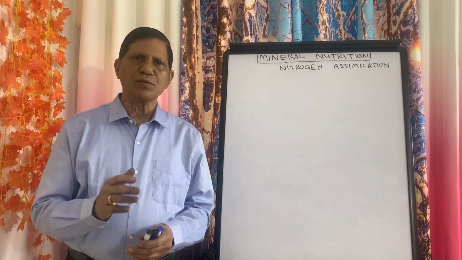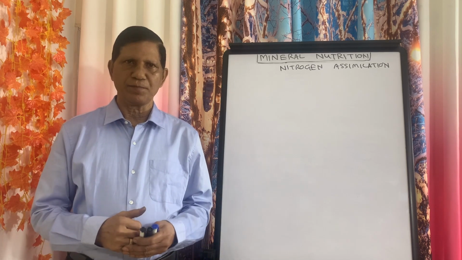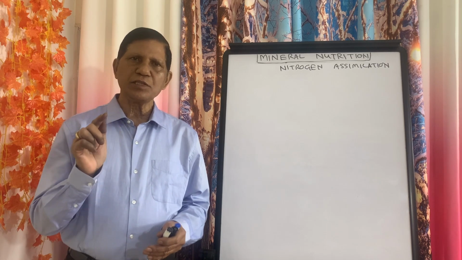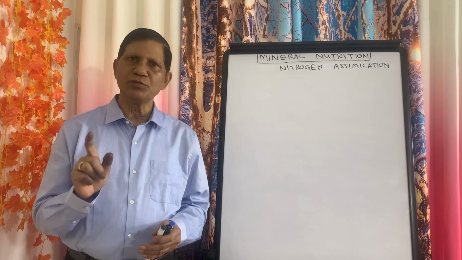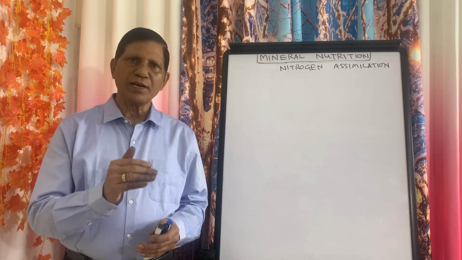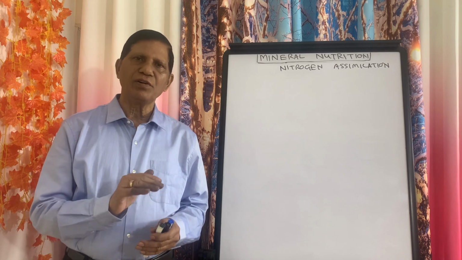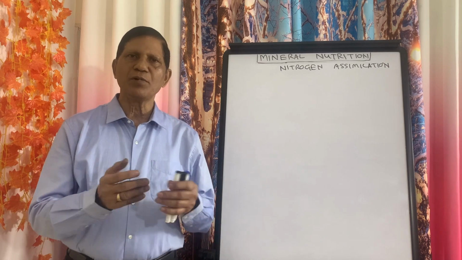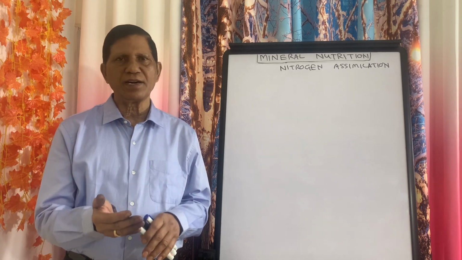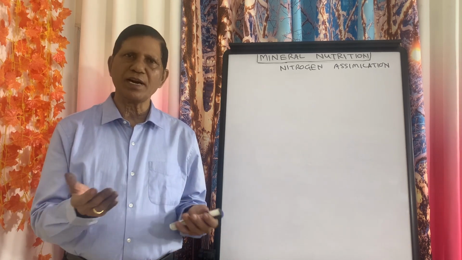Now the question comes, what is this nitrogen assimilation? We have seen that the nitrogen present in the atmosphere cannot be directly used by plants. Therefore that atmospheric nitrogen is fixed in the soil in the form of ammonium compounds. Then these ammonium compounds can be converted to nitrites and nitrates by the process of nitrification.